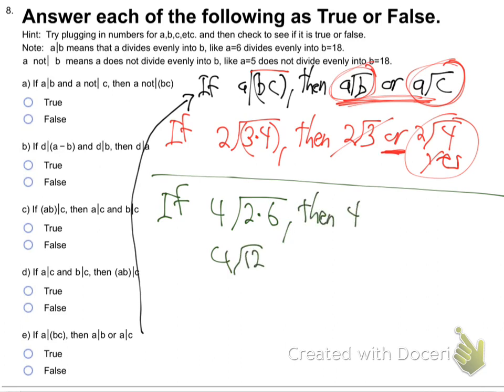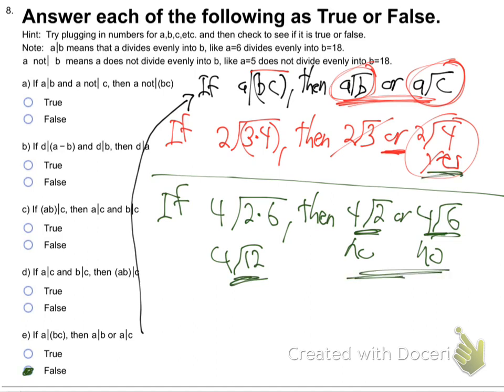Then 4 will go into the first number or it'll go into the second number. Both of these are no. 4 does not go into 2 and 4 does not go evenly into 6, even though 4 did go into them multiplied. It did go into 12. That's false. So even though it's true sometimes, it's not always true. It's false sometimes, so it's overall a false statement. That's always tricky.